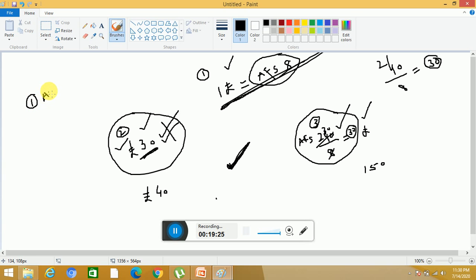absolute purchasing power parity, and the second is relative purchasing power parity.